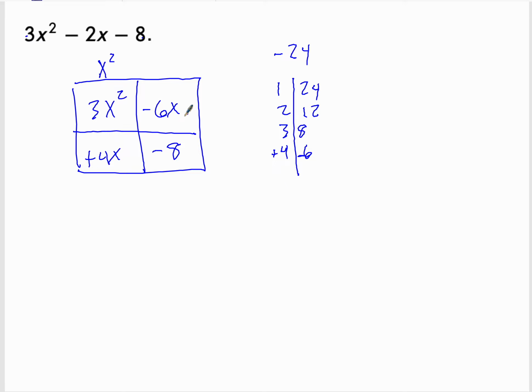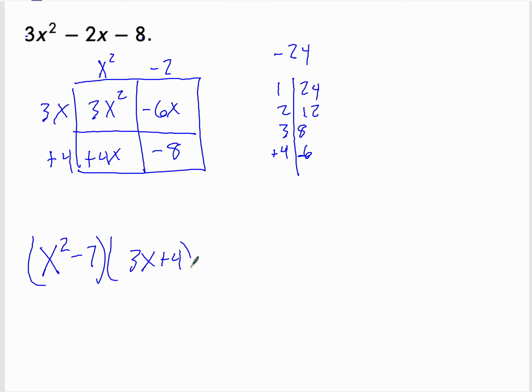Common factors of negative 6 and negative 8 would be negative 2. Common factors of 3x squared and negative 6x would be 3x. And then 4x minus 8, the common factors would be plus 4. So my two factors are x minus 2 and 3x plus 4.